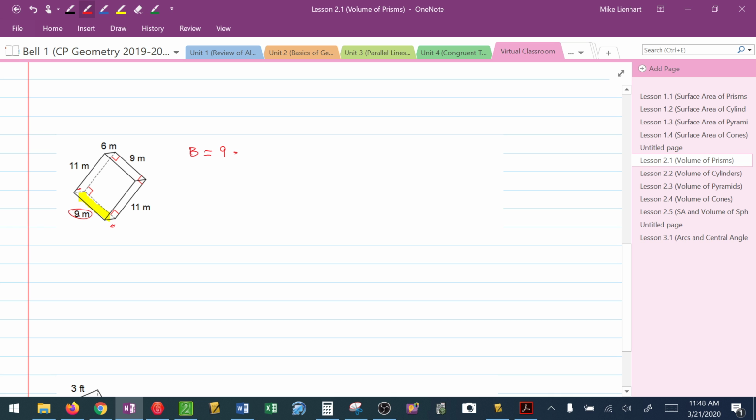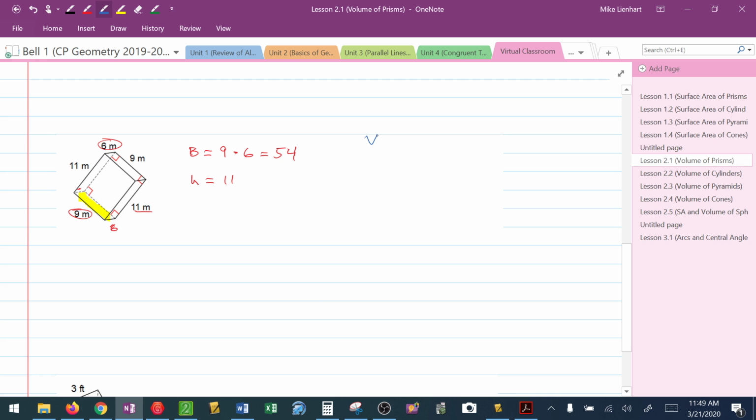But I do know that the bottom and the top, for how I'm looking at this, the measurements have to be the same. Remember, both the top and the bottom have to be congruent figures. So I know that that 6 is the same as that side right there. So this gives me an area of the base of 54. 9 times 6 is 54. I know to go from one base to the other, I'm going to use this 11, so my height is 11.